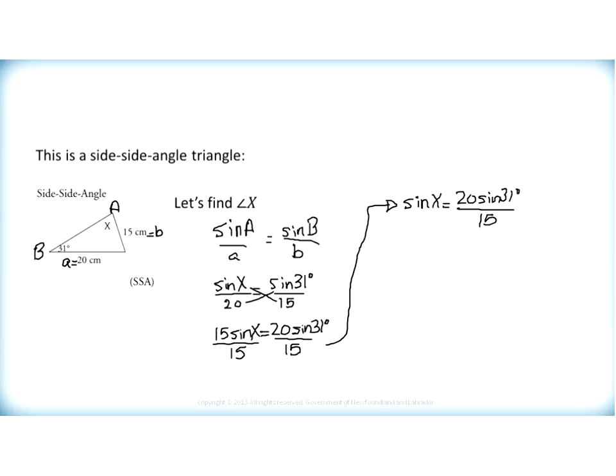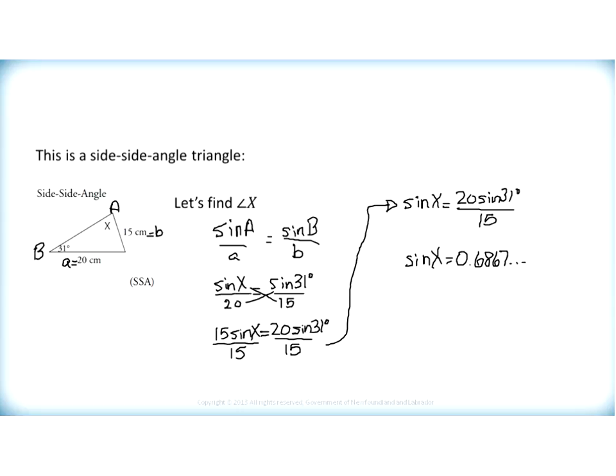So I'm going to stop sharing at this point and go back. That means that sine x is equal to 0.6867 and a whole bunch of other numbers. But four decimal places is fine at this point. If I want to find x, there's a special button on your calculator.